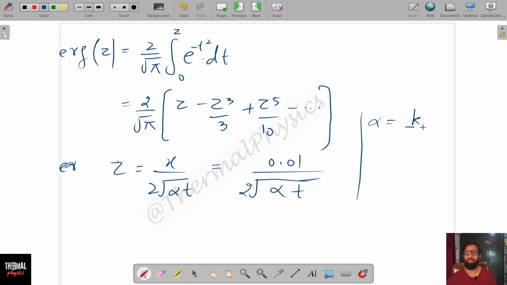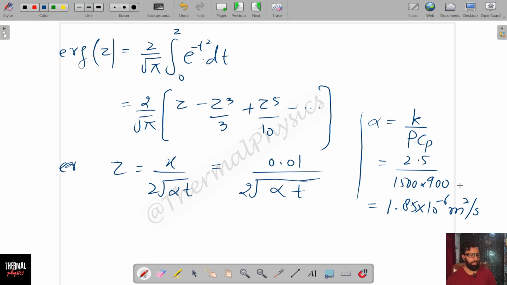Alpha is k divided by rho cp. K is 2.5, rho is 1500 according to the problem, and cp is 900. When we find this, 2.5 divided by 1500 times 900, we have 1.85 times 10 to the power minus 6, and it is the thermal diffusivity in meter square per second.